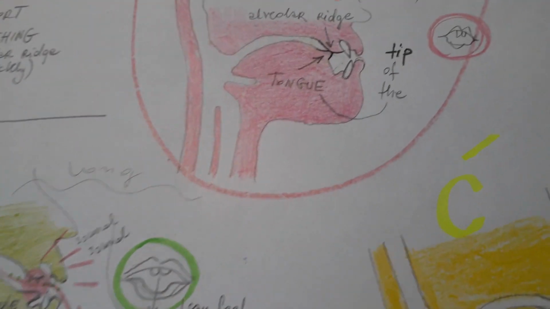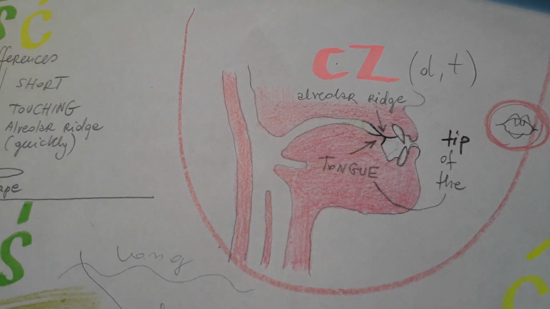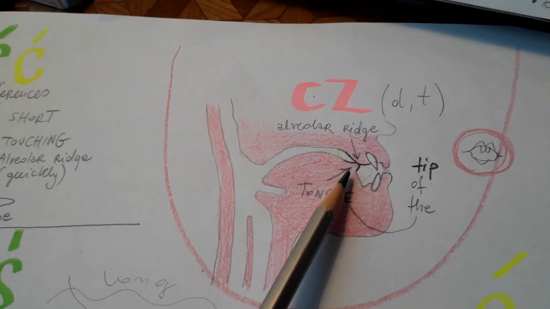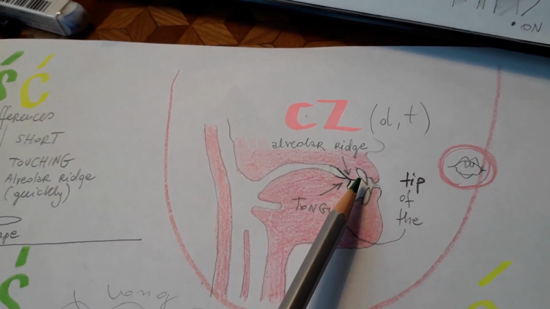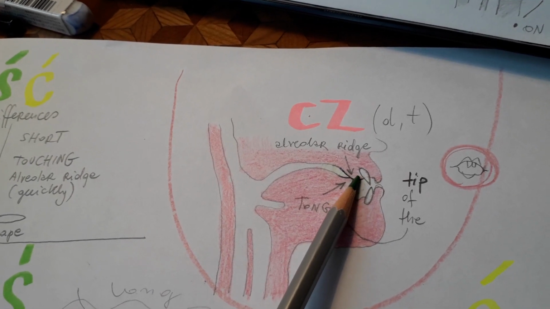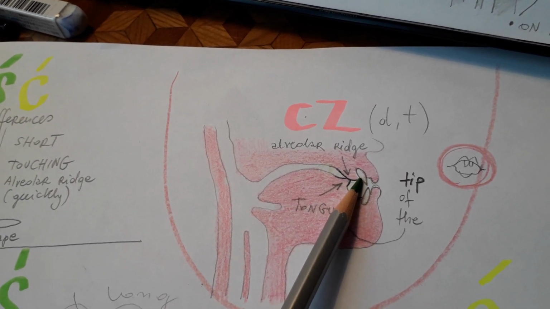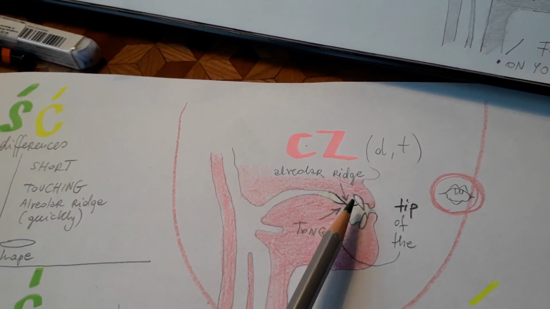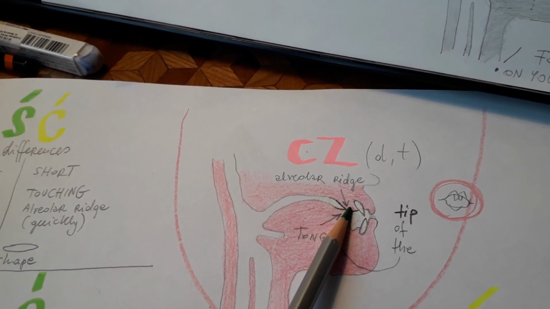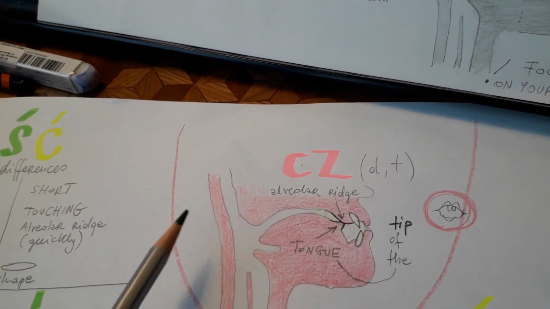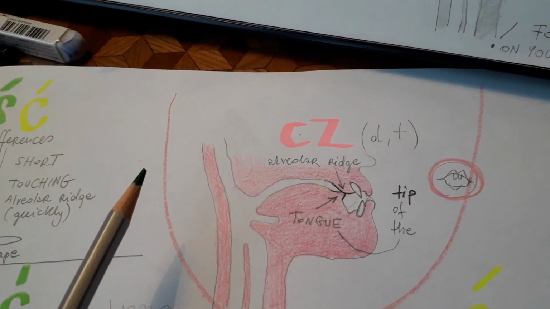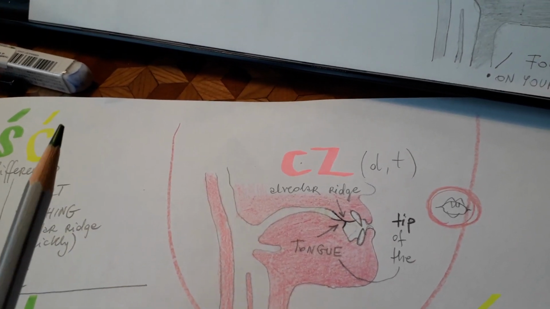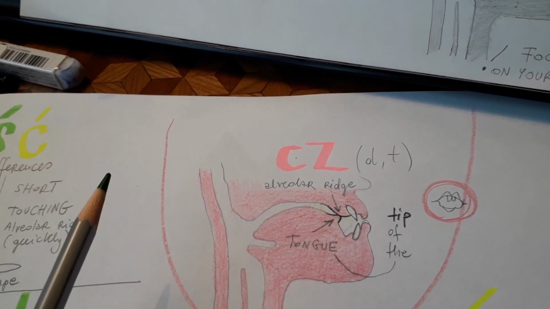So let's go to the tr, which you know how to do. You have the tip of your tongue touching this very close space behind your front tooth. There is kind of a ridge, and your tongue is touching it very shortly, very short touches. And focus on your lips, they are open.